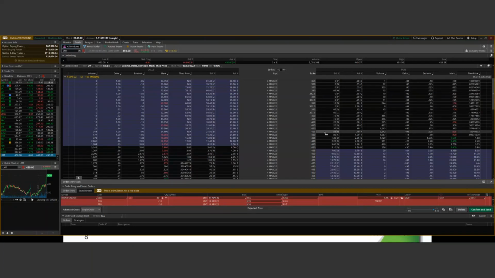Because you sell a 35 delta call against your 85 delta leap, and that basically means there is a 35% chance that it is going to go in the money by the expiration date. But when it comes close to the expiration date, and that becomes true, and the price of the stock goes up higher than what you sold it at, 455, then you have to make an adjustment.